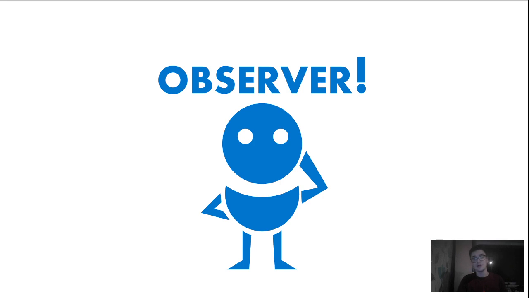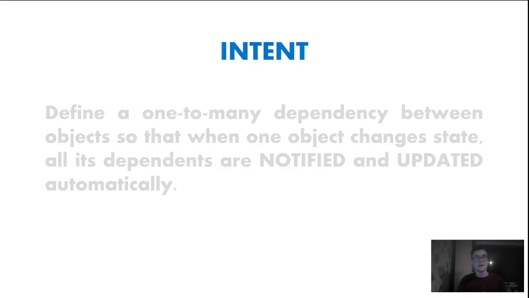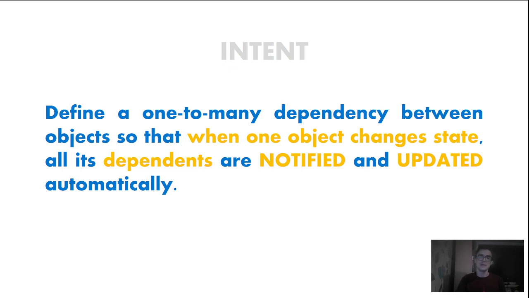Because the observer pattern has the intent to define a one-to-many dependency between objects, so that when one object changes state, all its dependents are notified and updated automatically. So keep in mind that when one object changes state, then all dependents are notified and updated. These are the keywords you should remember when talking about the observer pattern.